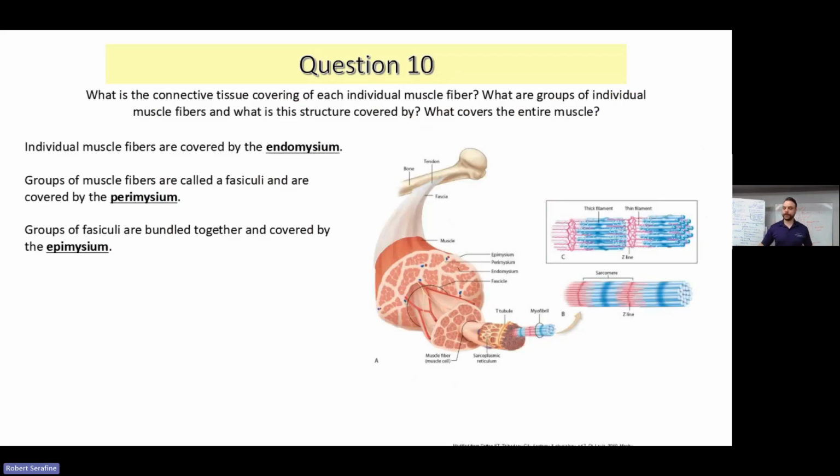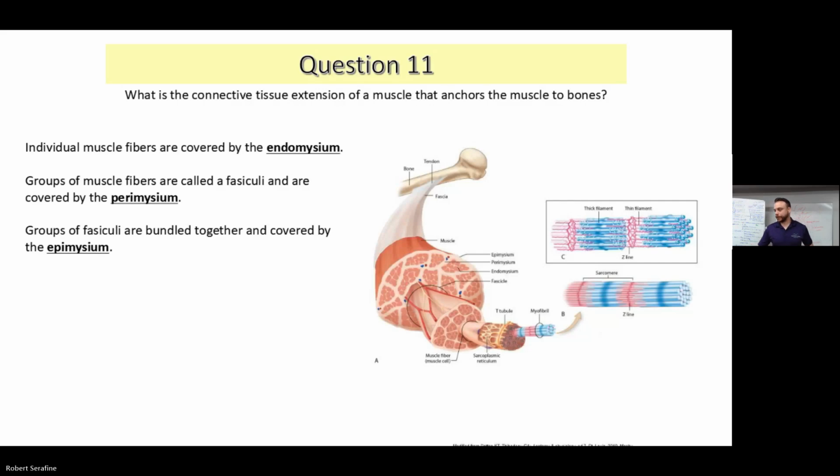So you can see how we use endo, peri, and epi to indicate which region. Endo is the innermost. Peri usually means surrounding or on the periphery, and epi means on top of or the outermost region. And we're actually going to see that endo, peri, epi schematic through a lot of other lectures, like the nervous system, where we'll have the endoneurium, perineurium, and epineurium. So it all lines up very similarly there.